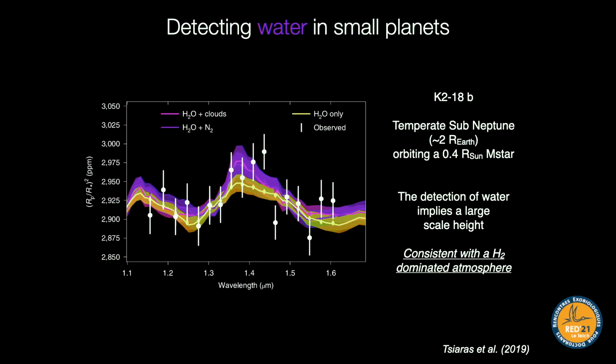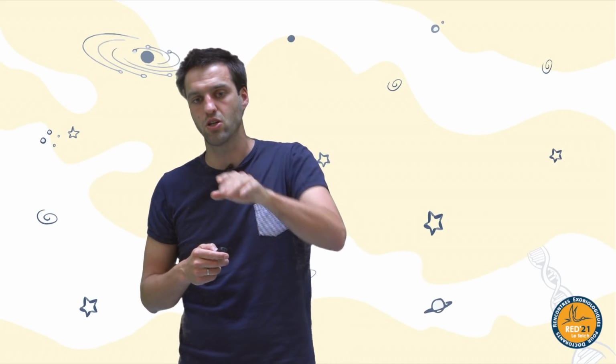And so it means that it's not really what we would think of as a terrestrial Earth analog. It's really more like a small Neptune that is cold enough to have water vapor and maybe water clouds. Although in later studies, it's been shown that maybe what we call these water features might actually be due to methane.